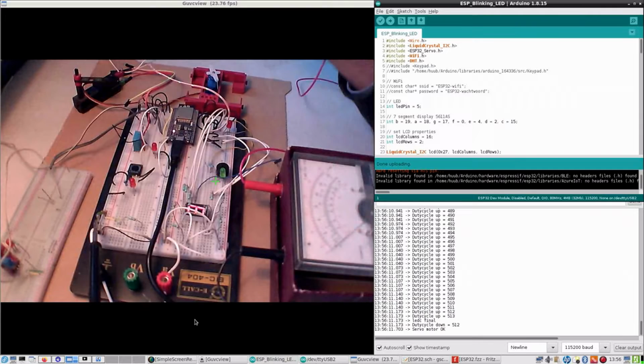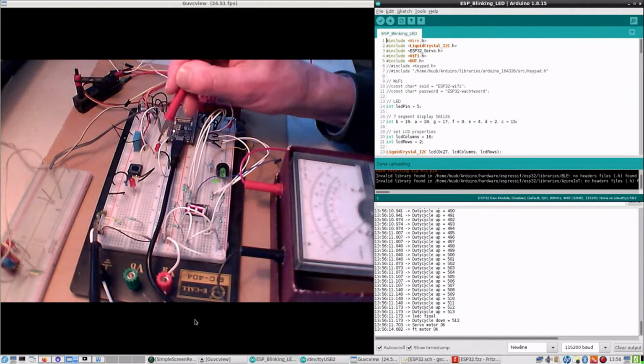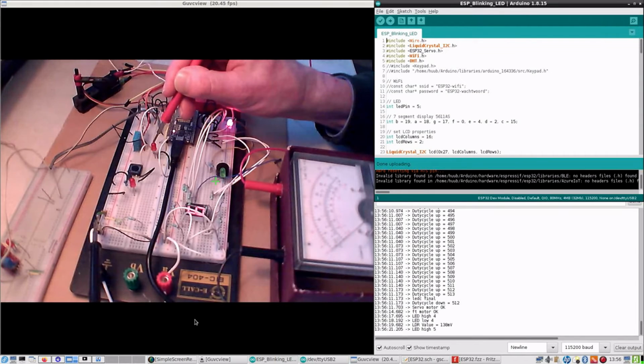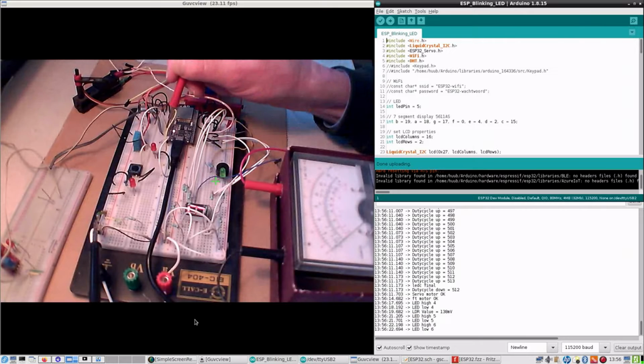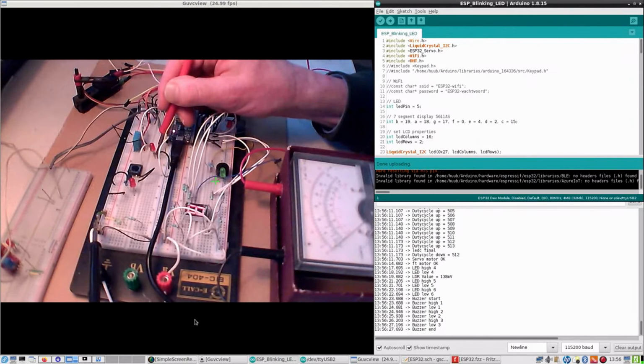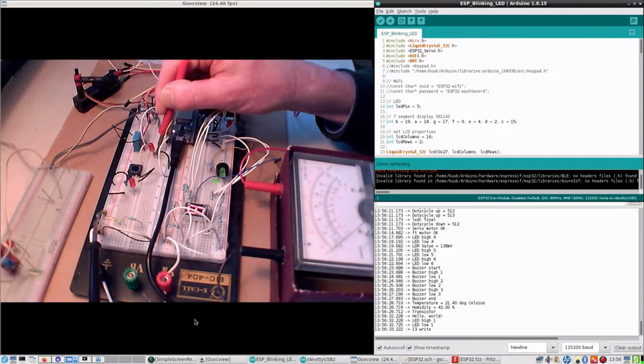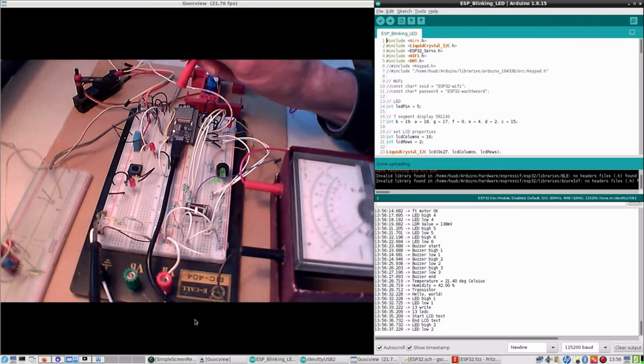Coming back to last time, I measured the voltage right here on this LED, and it turns out that even without LED burning because of the signal from here, it shows a value. And transistor showed a value because I'm measuring, but it doesn't show it.